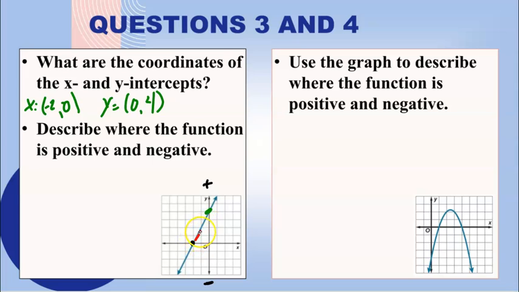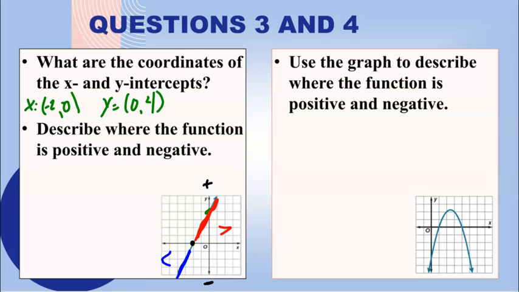The positive part right here is above the x-axis. When it's to the right of the x-intercept, it's greater than. And when it's to the left of the x-intercept, it's less than.